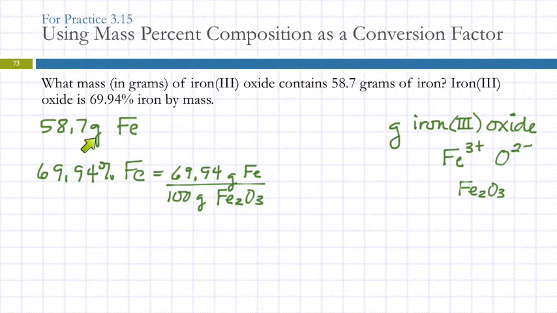This is just a single unit. It couldn't possibly be a conversion factor. This percent is a little disguised that way, but when we remember what percent means, that can be used as a conversion factor. It's the relationship between the mass of iron and the mass of the whole compound. So this is actually one step, one really long arrow.